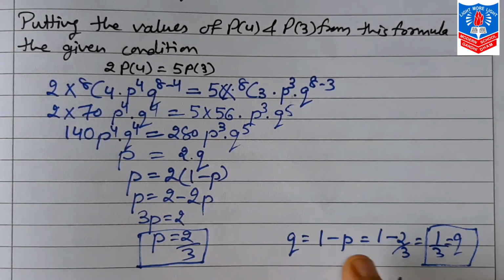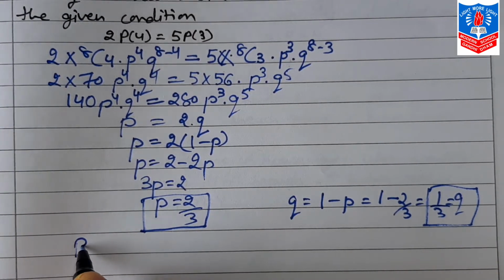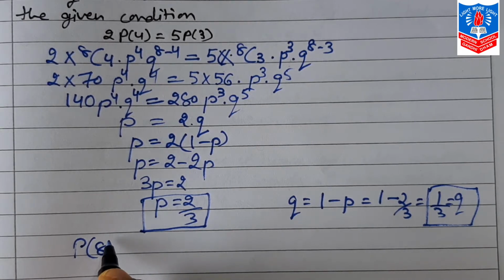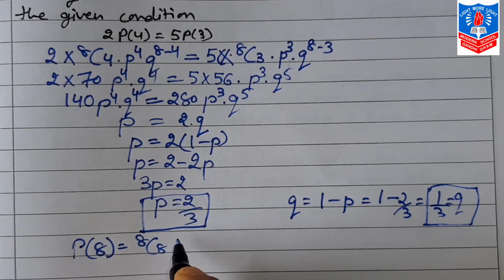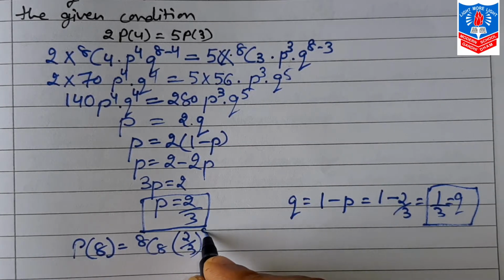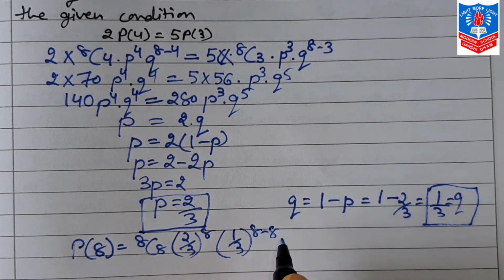Now these p and q values we put in the formula, that is P(8) is equal to 8C8 (2 by 3) raised to 8 (1 by 3) raised to 8 minus 8.